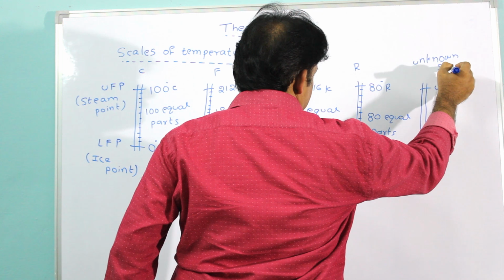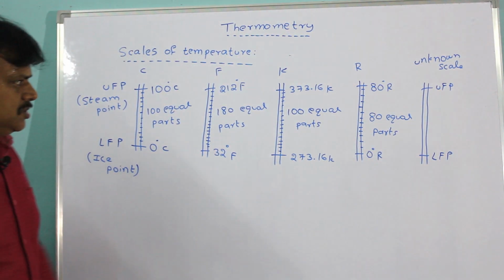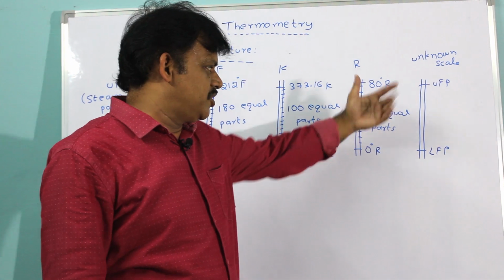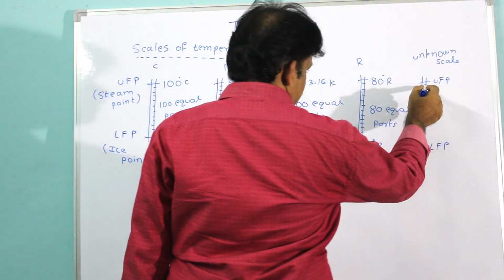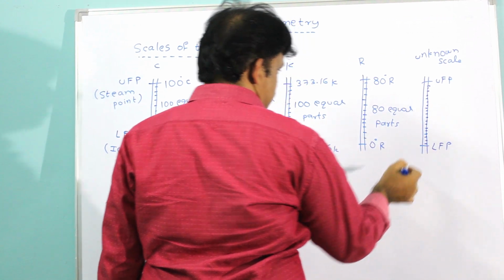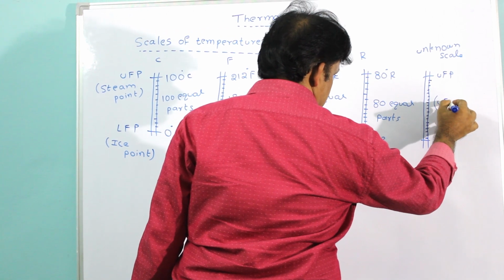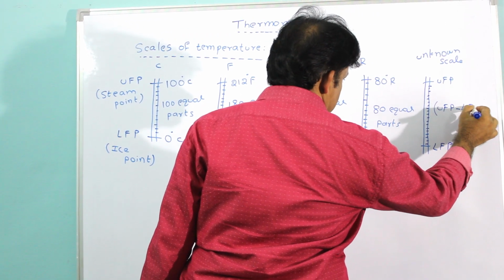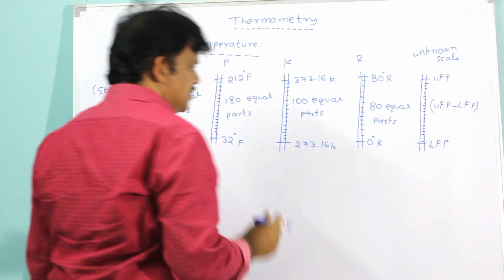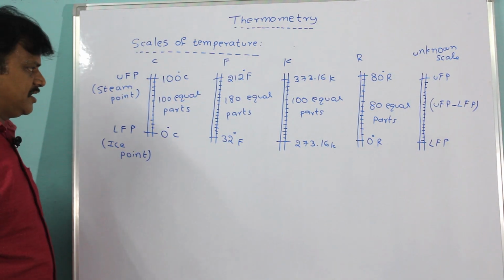The gap is divided into UFP minus LFP parts. In the problem you will be given the values, and the difference of those values, UFP minus LFP, is the number of parts the 2 points are divided into.